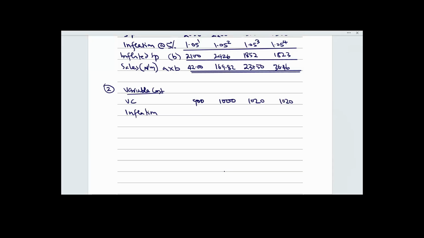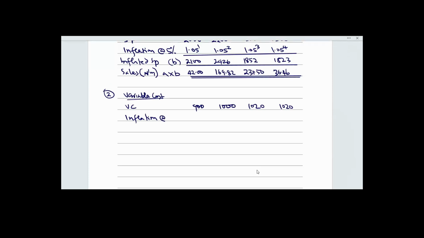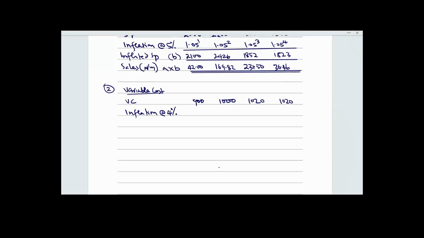I will go back to the question. What's the inflation rate on variable cost? Variable cost inflation is expected to be 4% per year. 1 plus 4% will give us 1.04 raised to power n.